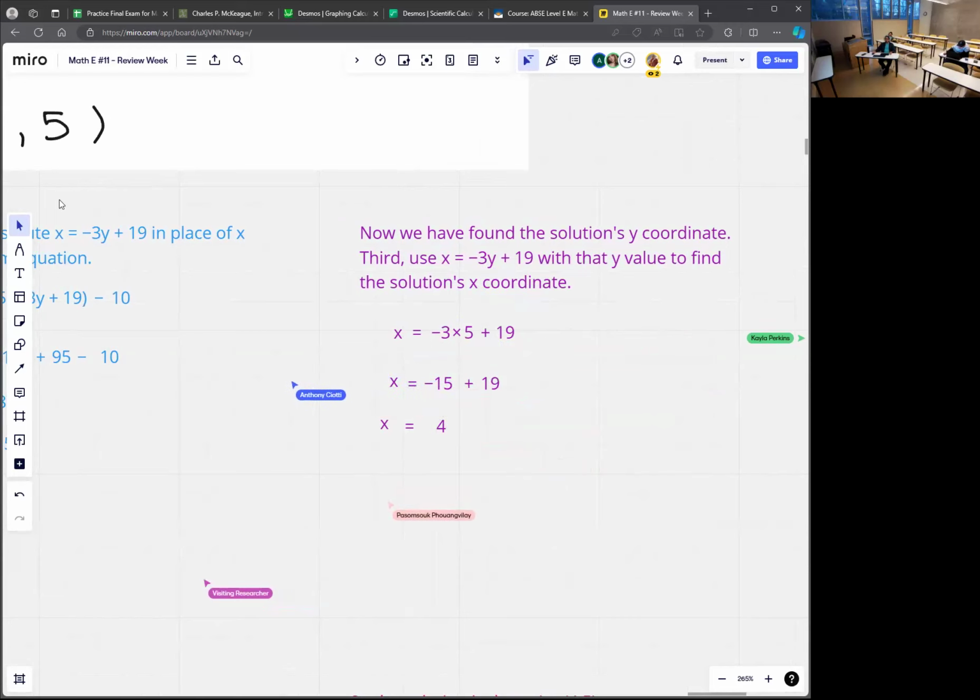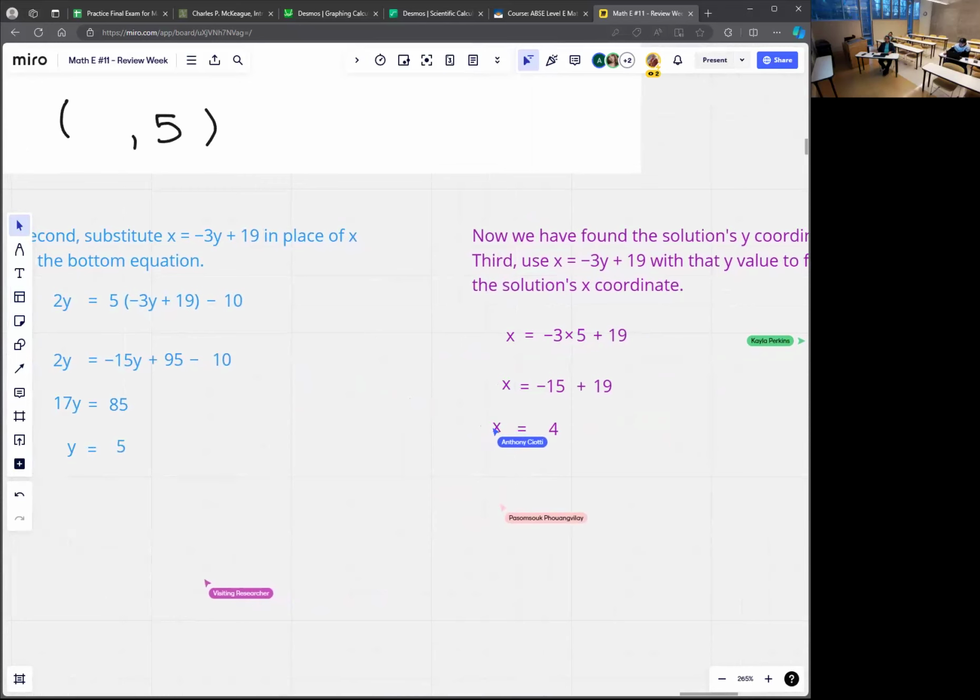Ta-da. Oh, I think she grabbed it out of midair.